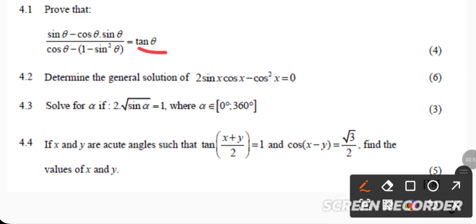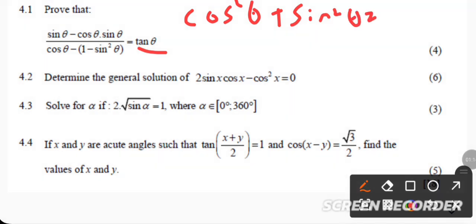Here we're going to apply our identities, so let me just remind you of the rules. The first identity is cos squared theta plus sine squared theta is equal to 1. Every time you see cos squared theta plus sine squared theta, it's always the same as saying 1.